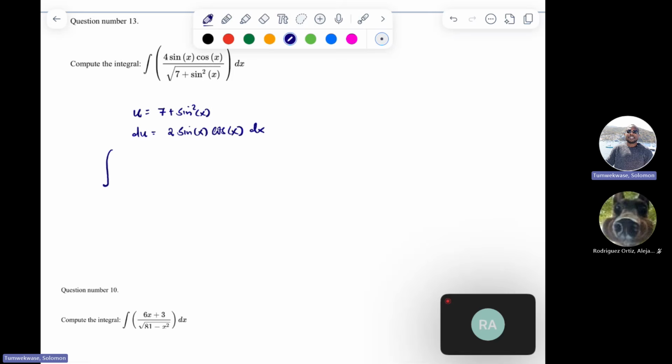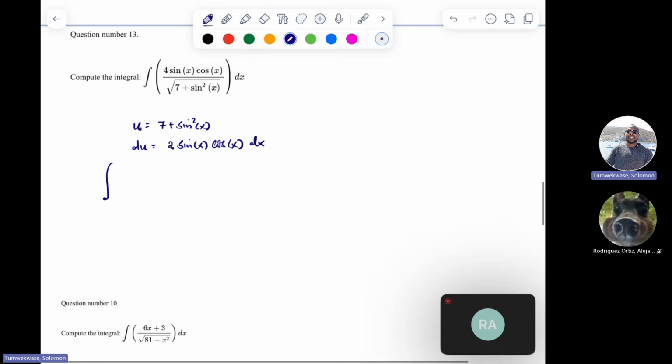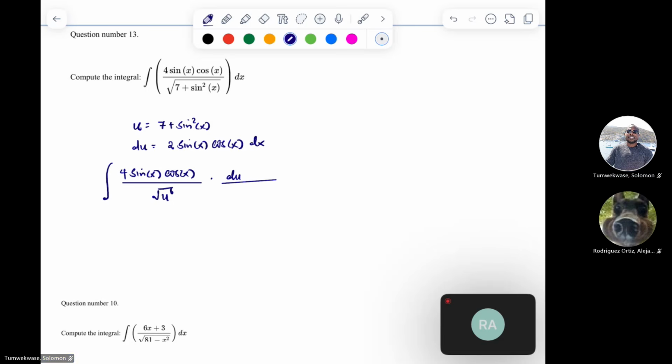Substitute everything back, so we shall have integral of 4 sine of x cosine of x, then over square root of u, then times dx, but dx is the same as du over 2 sine of x cosine of x.